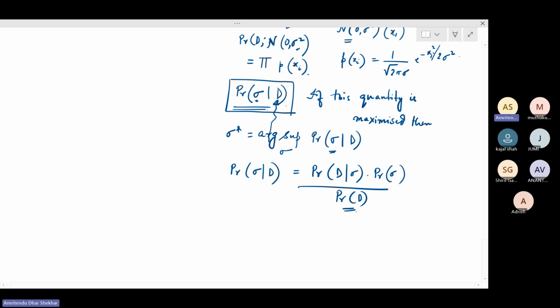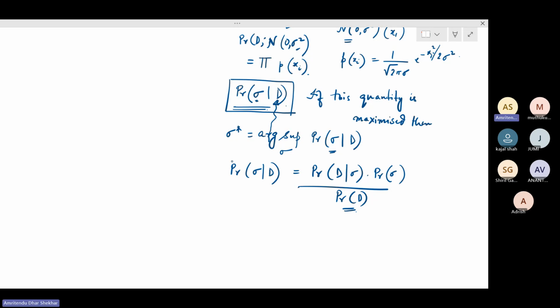Now, what is this probability of D given sigma? Of course, we are not really dealing with probabilities. We are going to deal basically with probability densities. This is something that's not actually introduced thus far.